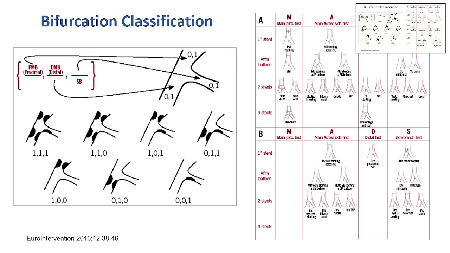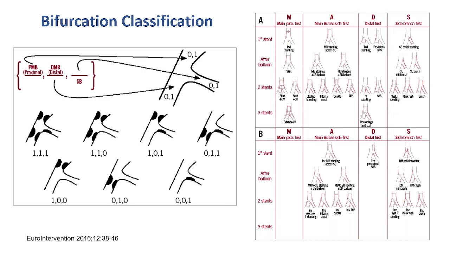And if you can understand if this angle is very shallow here, then it's going to be a different type of procedure because if you put a stent that goes from here to here, you will not be able to cover this part of the vessel. You will have to put the stent very much up to be able to cover it. But when you do that, you are going to have a lot of metal in the middle of this branch. So that is why this angle is important.